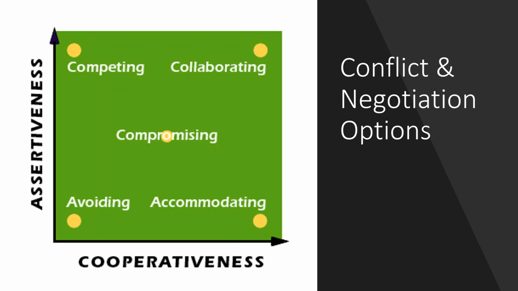The trouble is, if you've got a relatively high score in compromising, it's probably likely that you're getting too involved. You're too interested in trying to give and take, and sometimes you should just hold the line, particularly in something where you're actually right or where the other person's taking advantage of you.